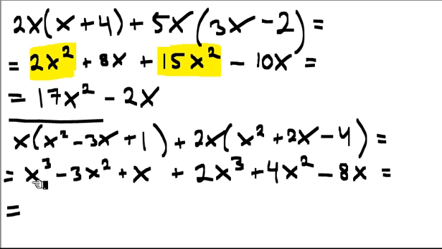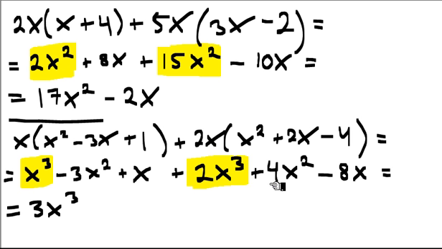Now let's simplify this long expression. We start with the highest power, the highest index, which is index 3. So x3 to x3. So 1x3 plus 2x3 equals 3x3. Then we have the x2 terms. We have minus 3x2 and we have plus 4x2.